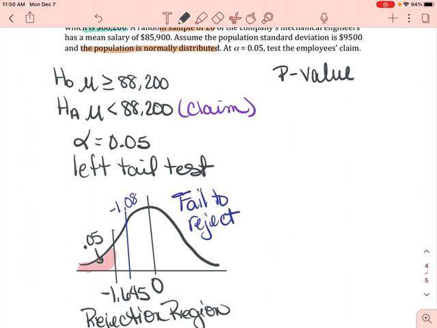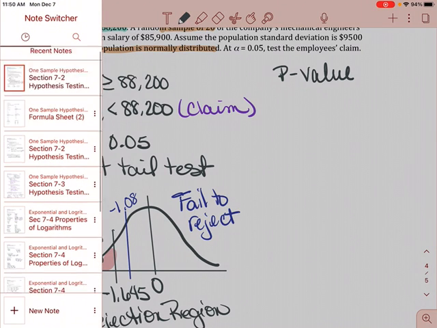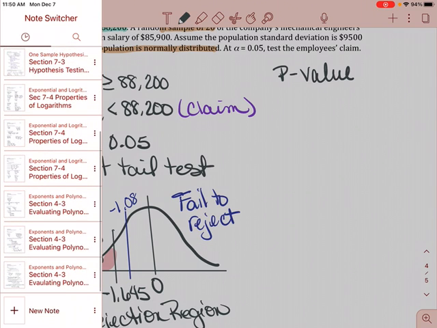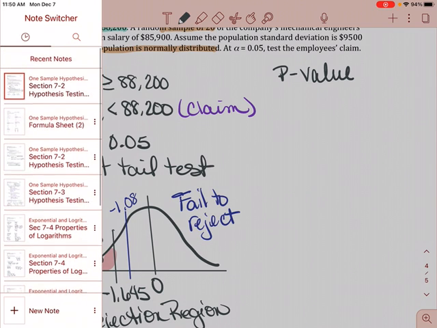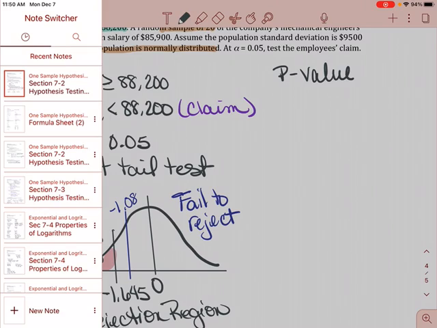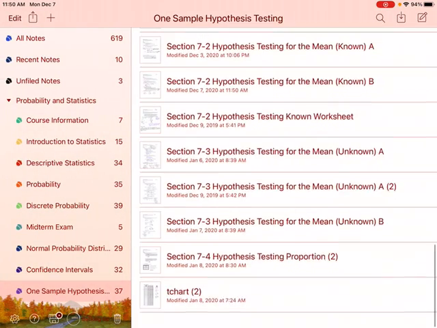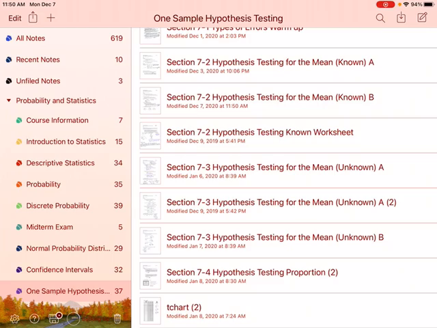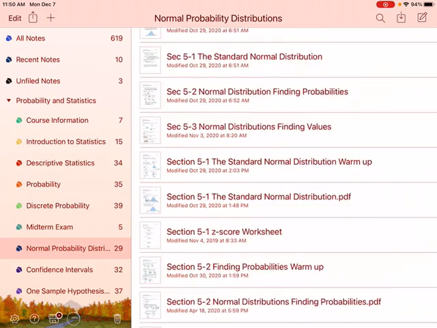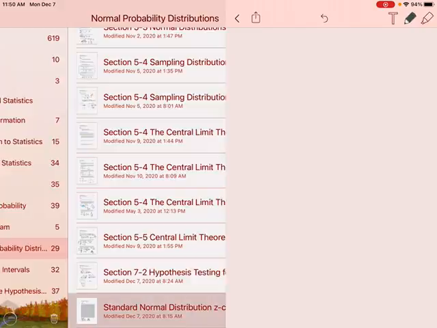So I'm going to look up negative 1.08 in my Z chart. Where's my Z chart? Yeah, get my Z chart.